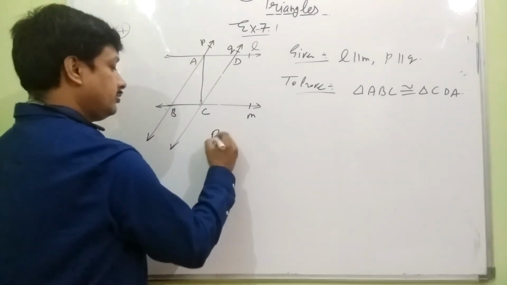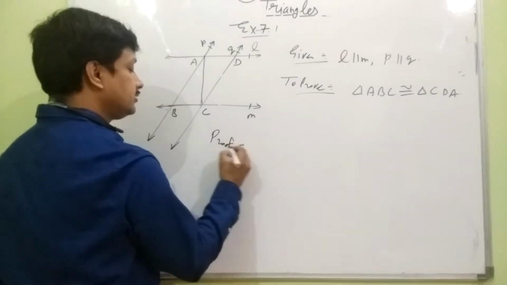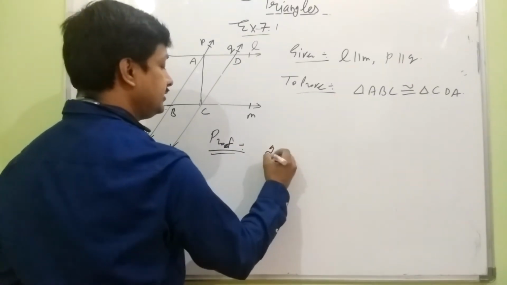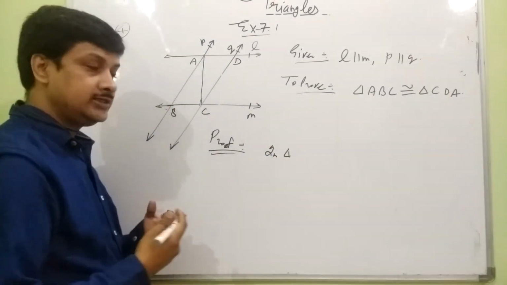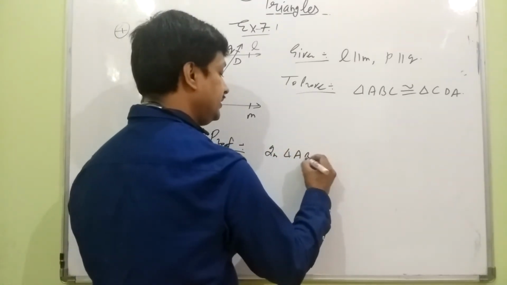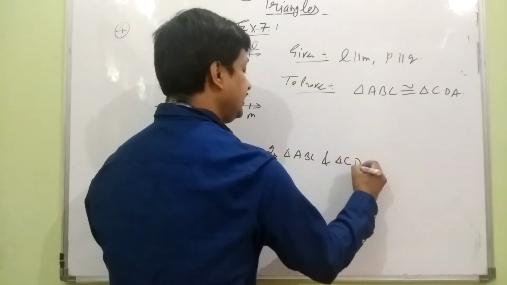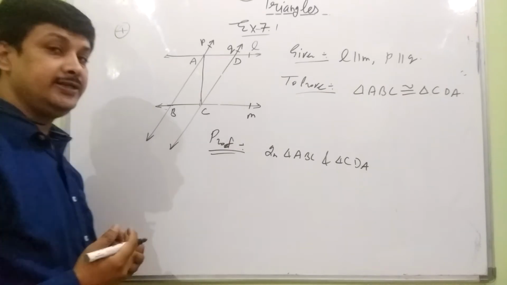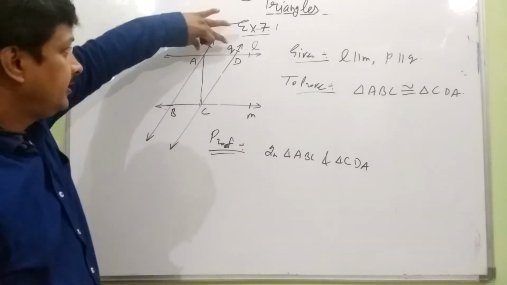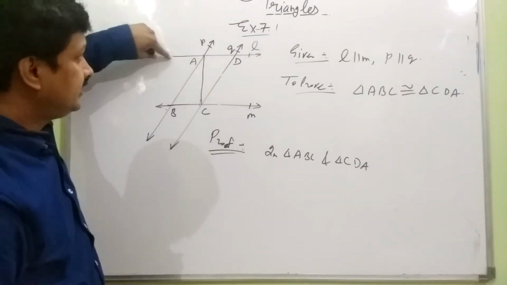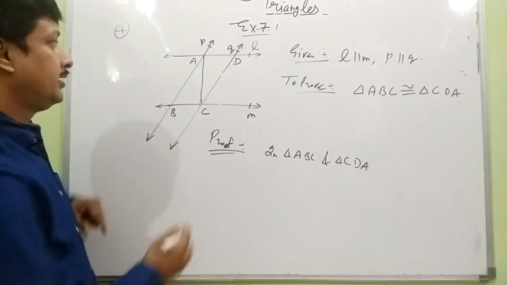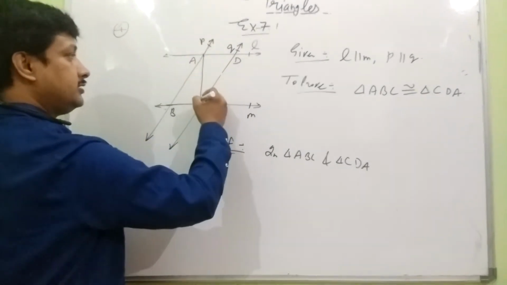So it is also a very simple problem. Just think about these two triangles. We will first introduce these triangles, triangle ABC and triangle CDA. So what are the three things? Line L is parallel to line M, and AC is a transversal.